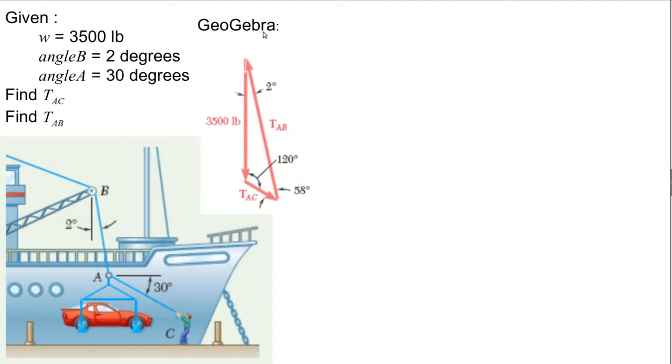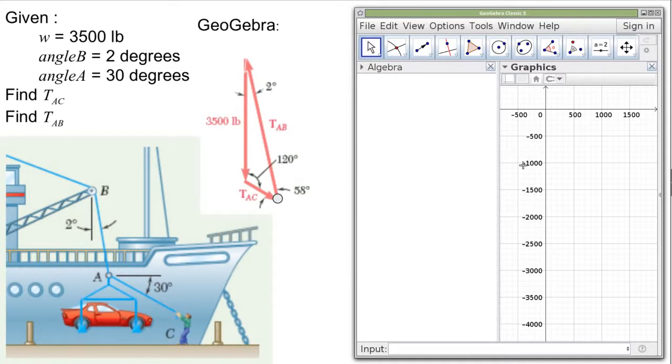I'll be using GeoGebra to work this, and we'll start with this force triangle drawing. So, GeoGebra here. First thing I want to do is put a point at 0. I always like to call that O, equals 0, comma 0. So I put a point there.